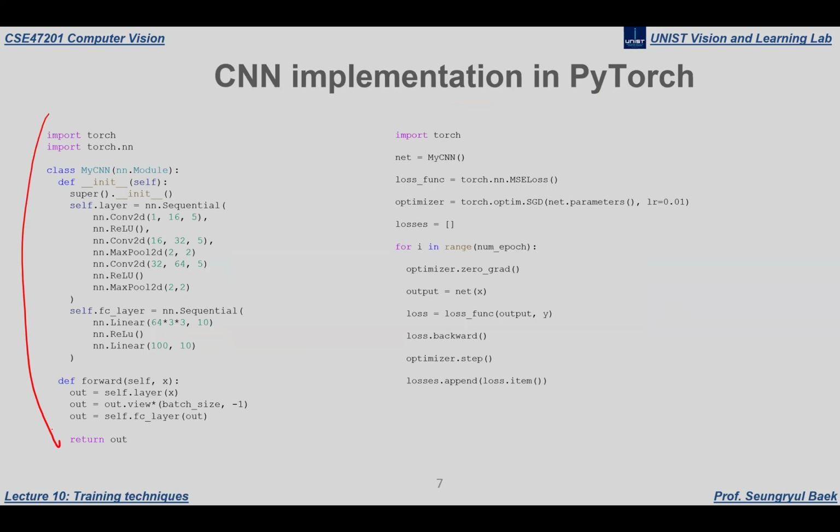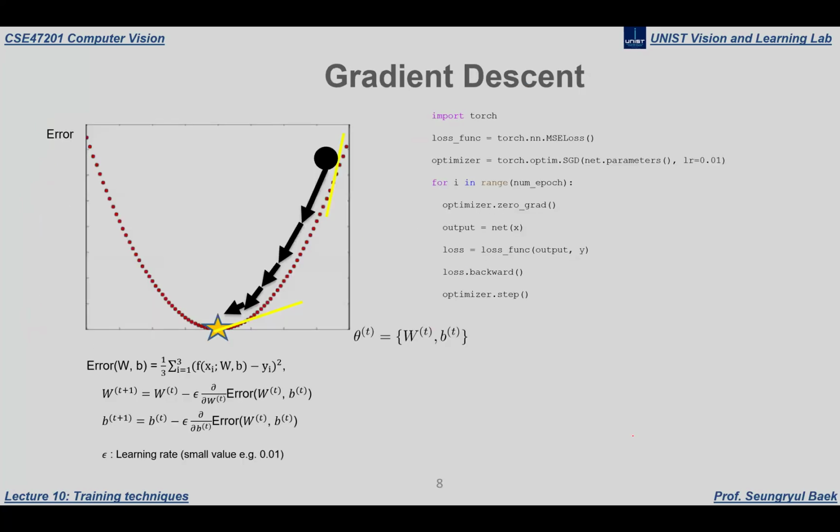And using PyTorch, we can stack multiple differentiable CNN layers and constitute the CNN operation like this. Using this training code, we can train the whole deep architecture.